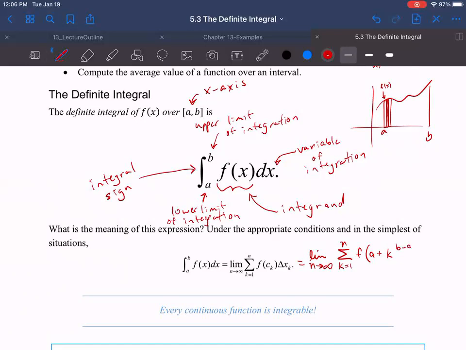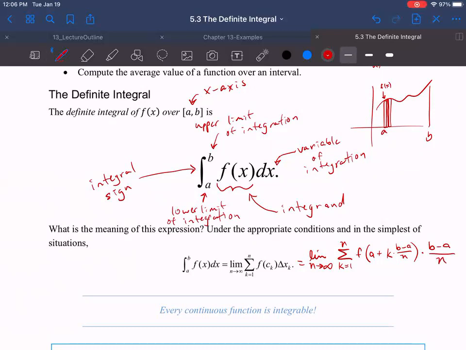Remember the width, b minus a over our number of intervals, or our number of little divisions. That's our delta x, b minus a over n, and that's our ck.